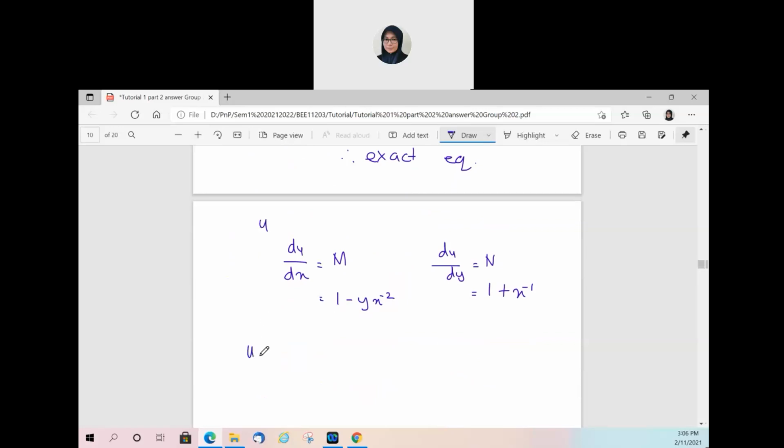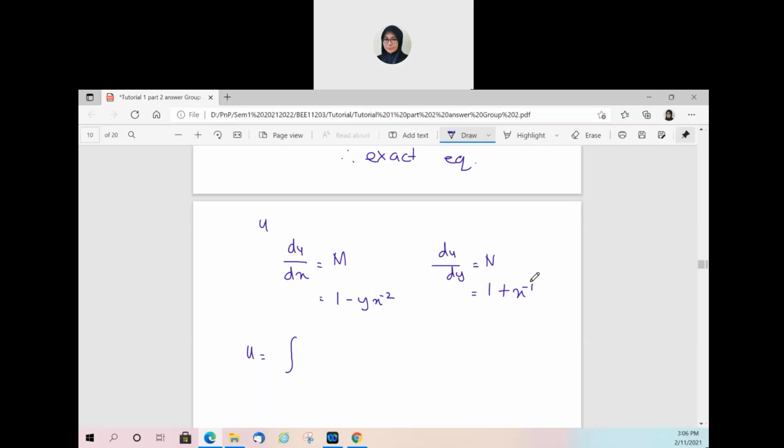So u equals to, you integrate salah satu, either one, yang mana senang. For me yang senang nak integrate is this one, n. You integrate terhadap dy.